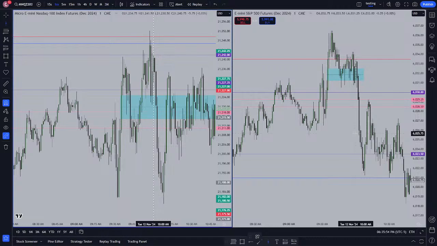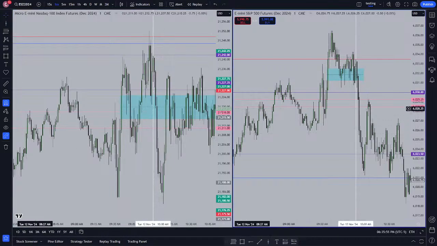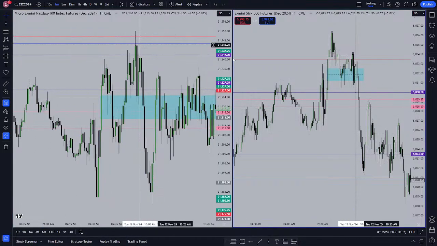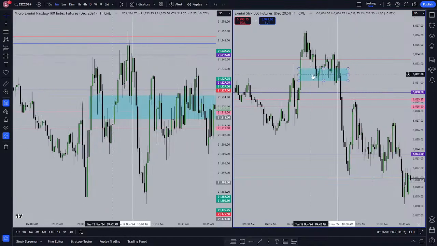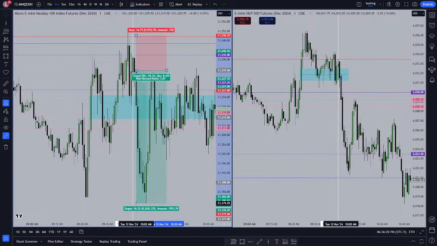And what would you know it? 10 a.m. The 4-hour closes below these lows. Then you see ES close right below there, come back to the middle. So on that candle's high, you could be short all the way to this low.